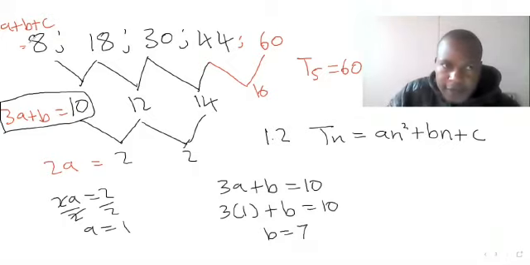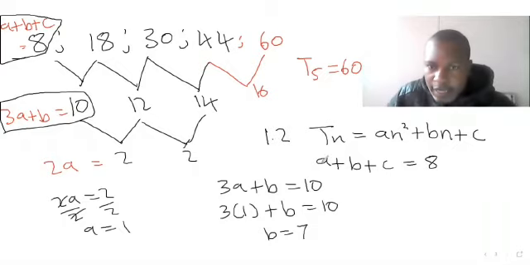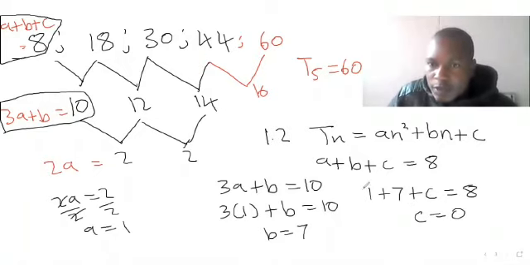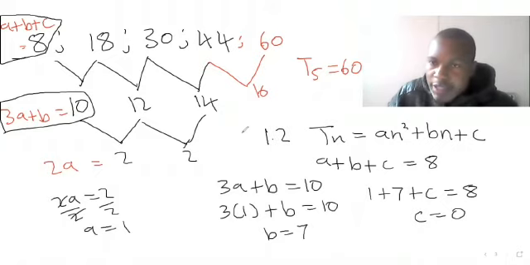Now to find c, we will equate it to that portion there. So that's a plus b plus c equals 8. We know what the a is, so that would be 1. The b we just found to be 7, plus c equals 8. And this will just give us c to equal 0. We can then rewrite our equation, which is the Tn.